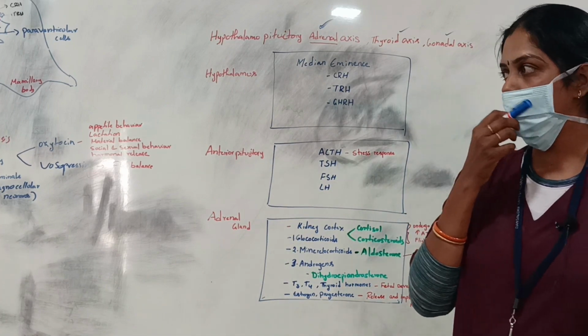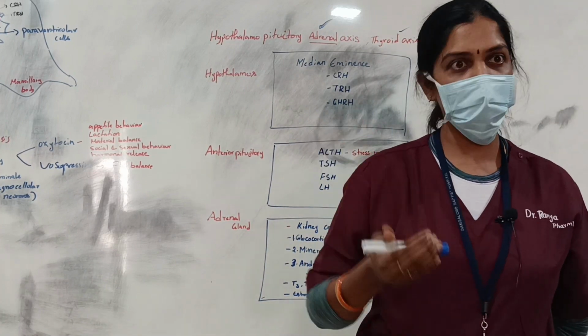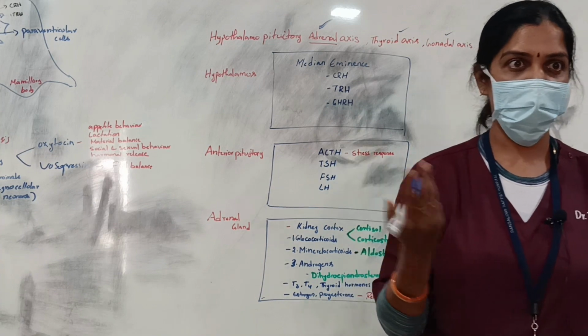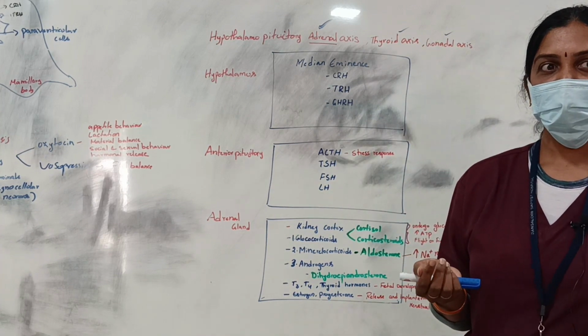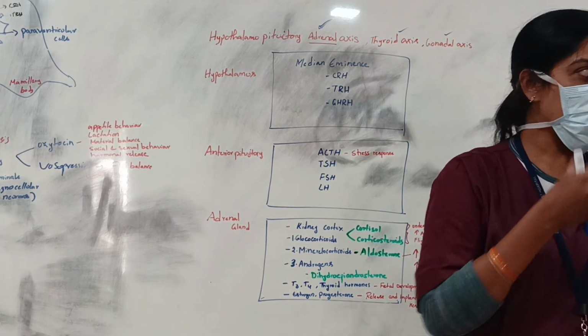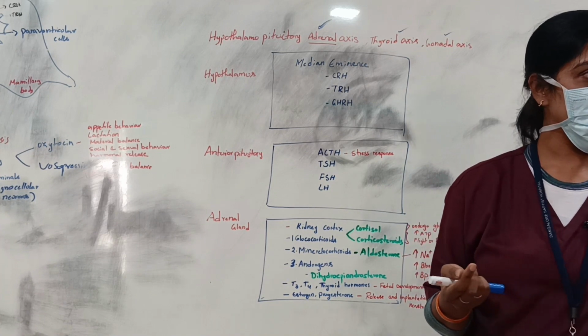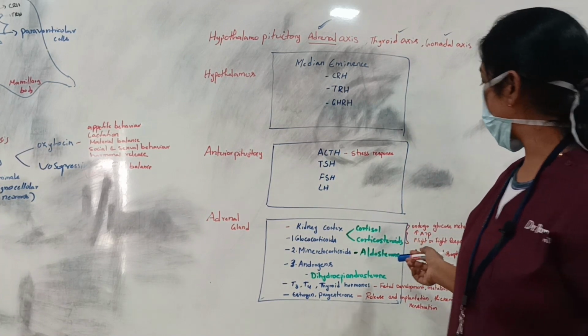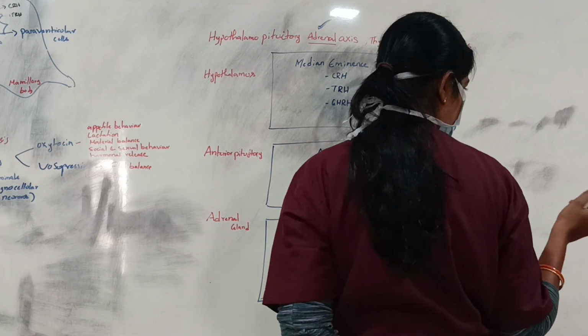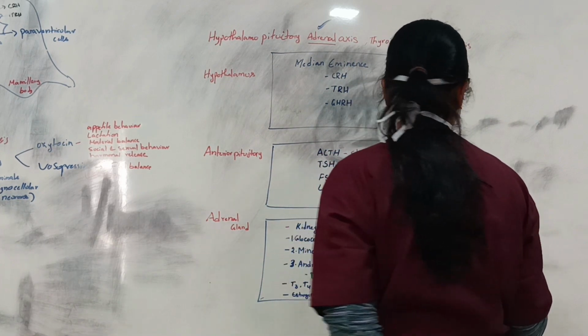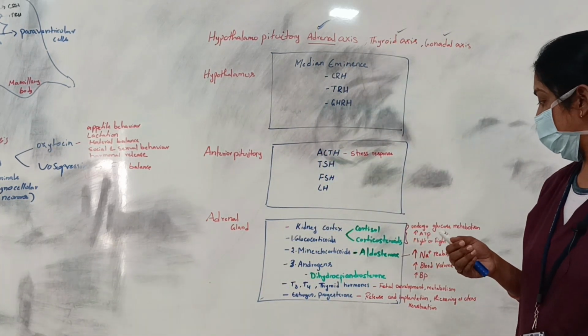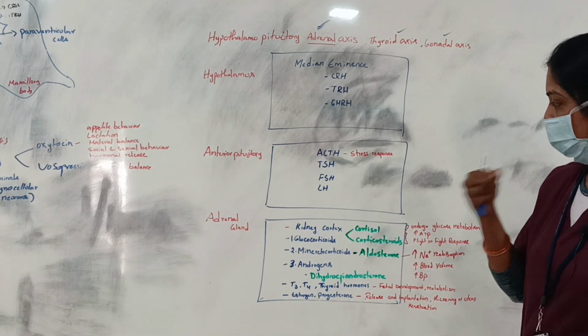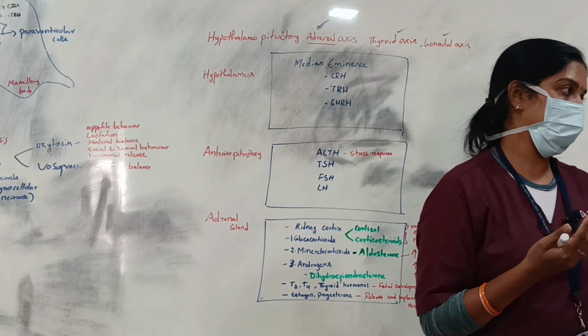Why does increased blood pressure decrease the stress response? It's like a fight or flight mechanism. You need more glucose for every part of your body. No, that one is a different mechanism. Increased blood pressure also will decrease the stress response.